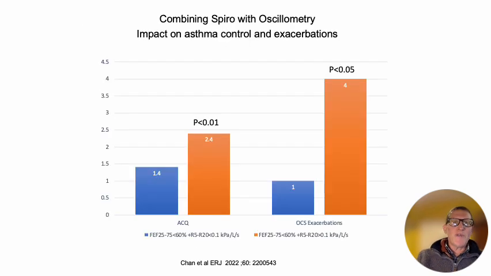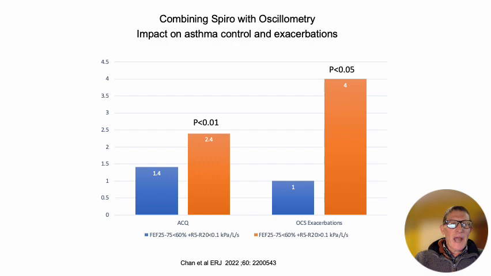But the point I want to make from this next slide is that if you really want to predict asthma control and exacerbation, so if you're sitting in your clinic and you want to get your crystal ball out, then what you need to do, if you want to predict whether you need to escalate treatment to prevent the type 2 inflammatory volcano from exploding and resulting in an exacerbation, is combine both spirometry and oscillometry together to get the best predictive value.